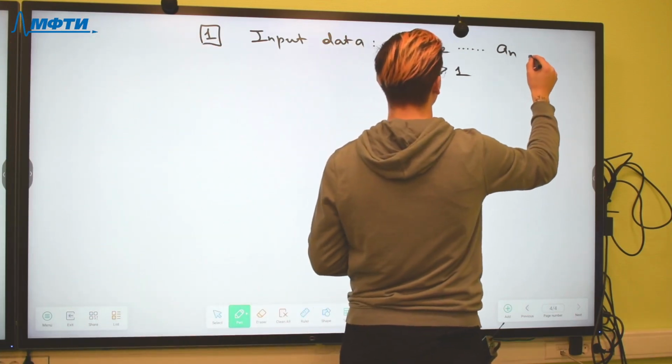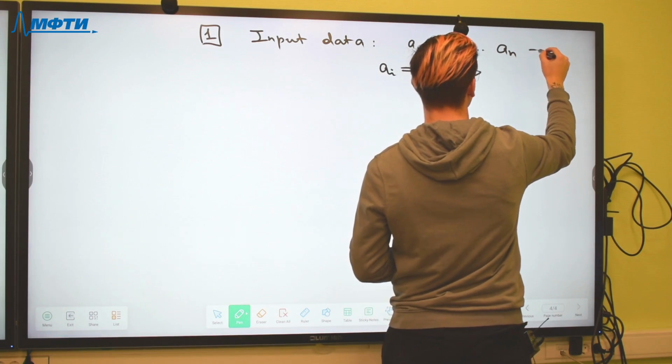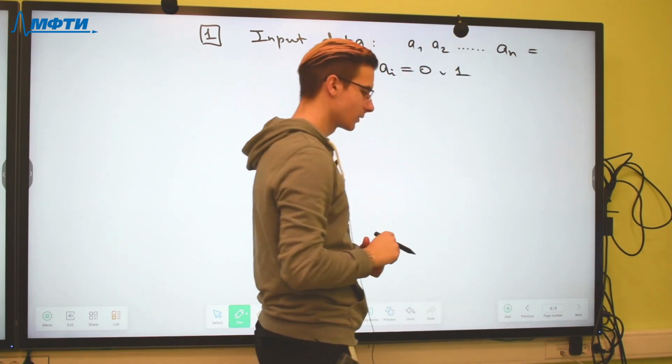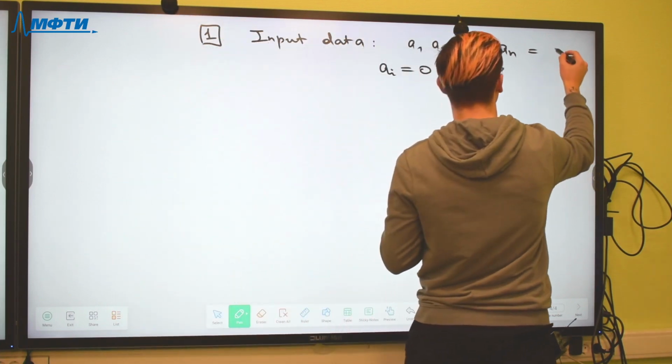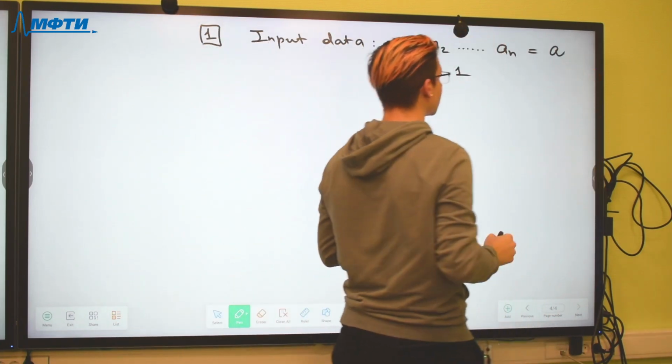And for example, we can say that the number in the binary system that is equal to this number is A.